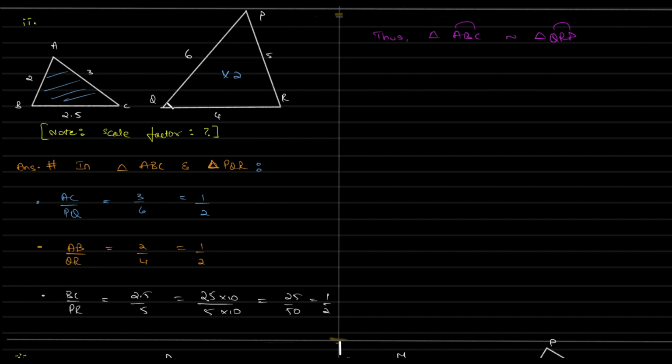AC is 3 and QP is 6. So yes, we have the right order. Some people would have written PQR and it's gone. It's wrong. By SSS similarity criteria. And we are done. So again, the order is important, and always confirm once you have written it.